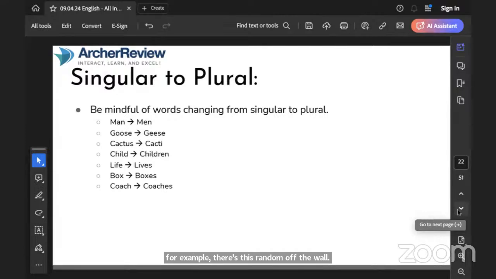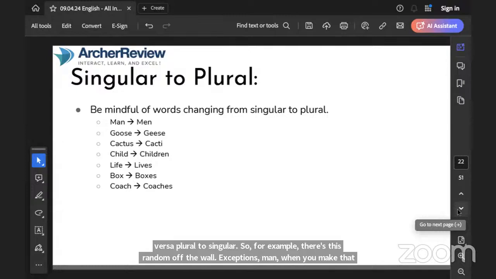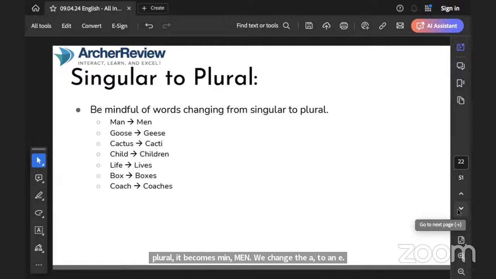We change the A to an E. Goose changes to geese. So the spelling changes from a double O to a double E when it becomes plural. Cactus, for example, you're going to drop the US off altogether and you're going to just put an I at the end to make that plural. So I have one cactus, but I have a yard full of cacti.